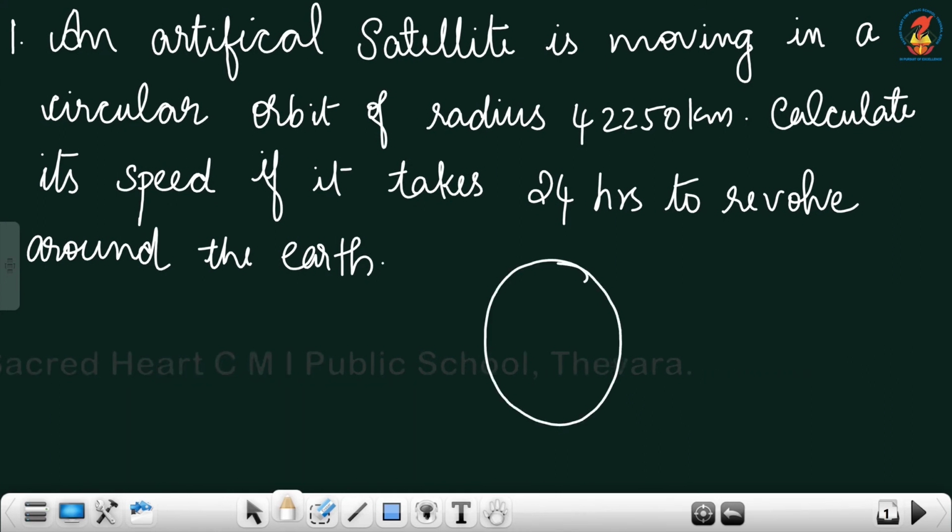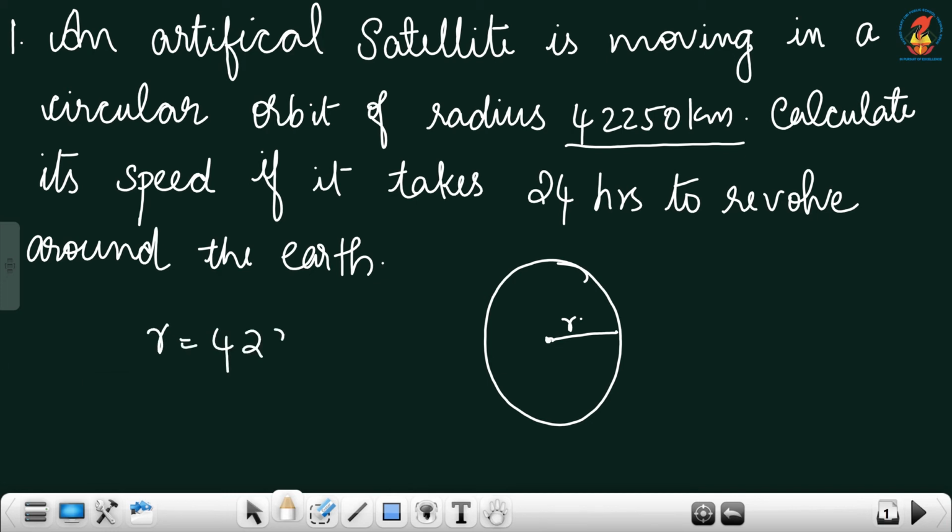The radius of this path is 42250 kilometer. So, R equal to 42250 kilometer.